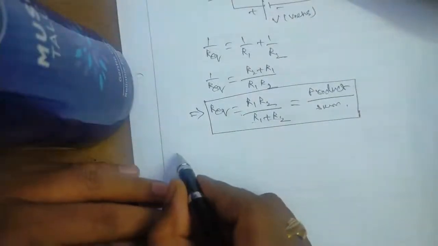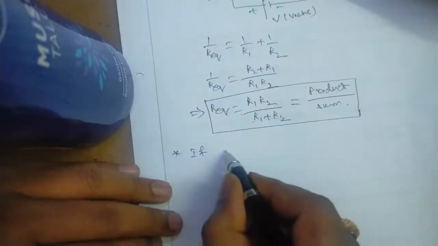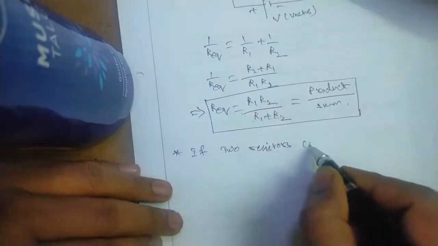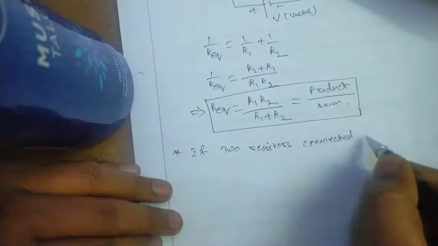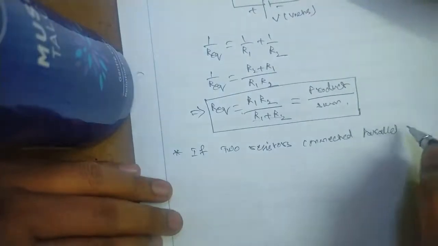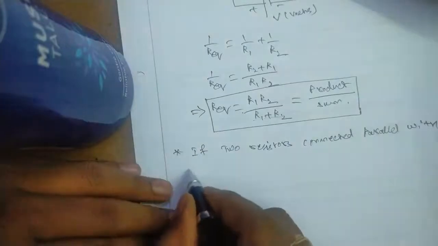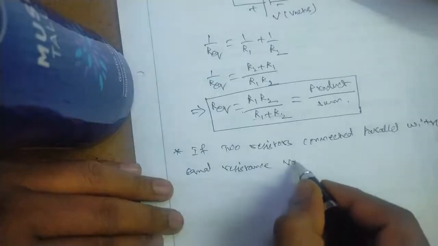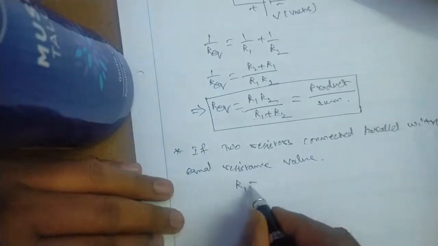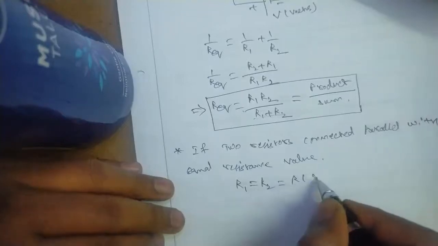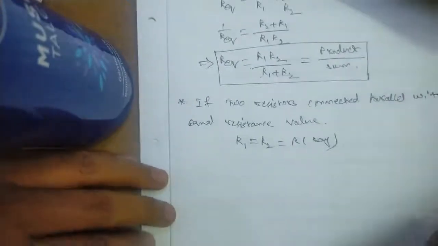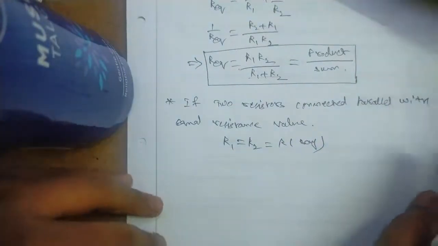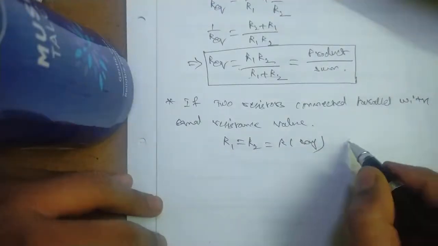For suppose if two resistors connected in parallel with equal resistance value, that means R1 is equal to R2 is equal to, let us say, R. Means two resistors are connected in parallel with equal resistance value, that is both are connected with the same resistance value.